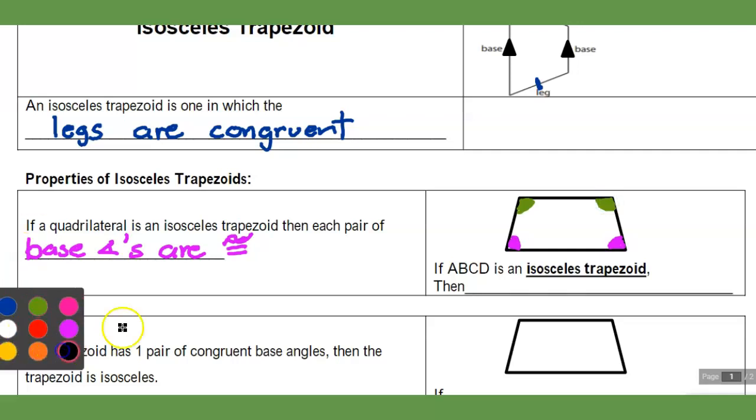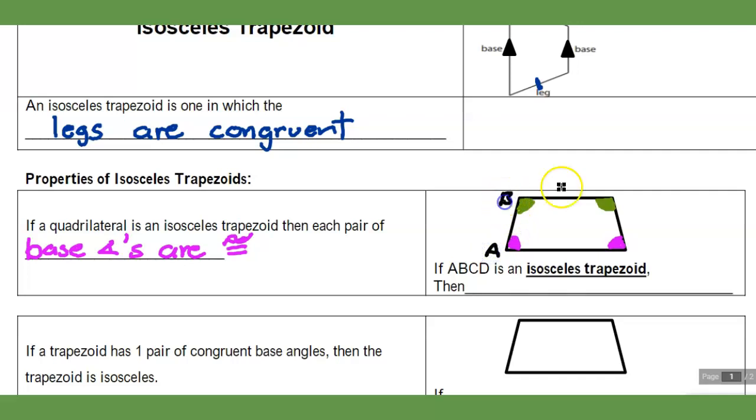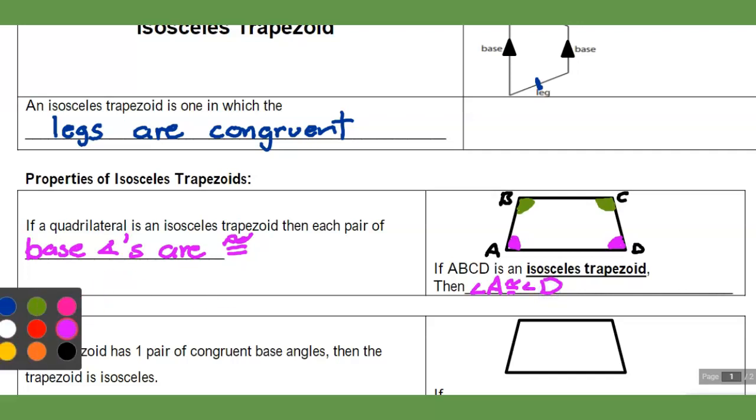Let's give them some letters, starting bottom left and going clockwise, A, B, C, D. So that would make A and D congruent. Angle A congruent to angle D, and then angle B and angle C congruent. So two sets of congruent base angles.